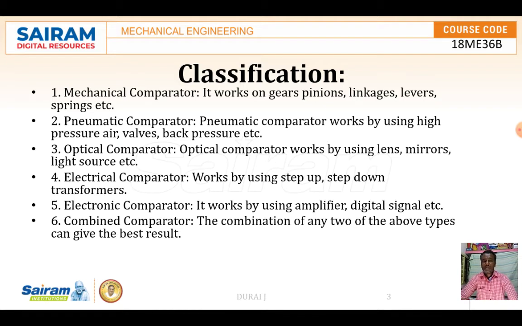An electrical comparator works on a transformer, a step down transformer. An electronic comparator uses an amplifier and digital signal. A combined comparator is any two of these, like a mechanical optical comparator, or electrical and electronic comparator. So these are all the types of comparators.